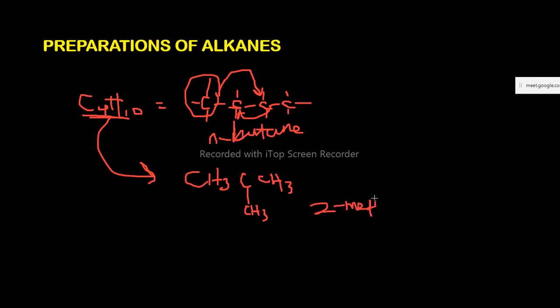Now this one is 2-methyl what? 2-methyl propane. So this one becomes a deviation from what we expected.